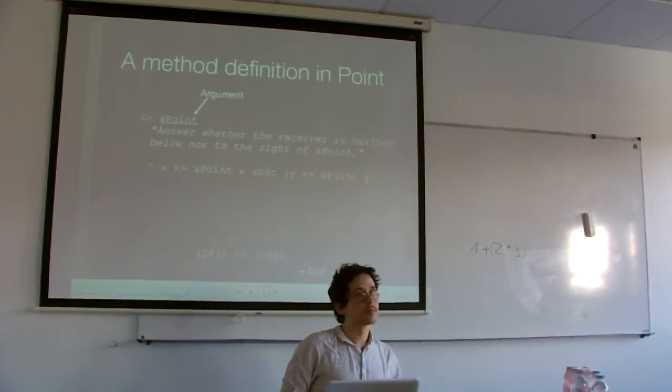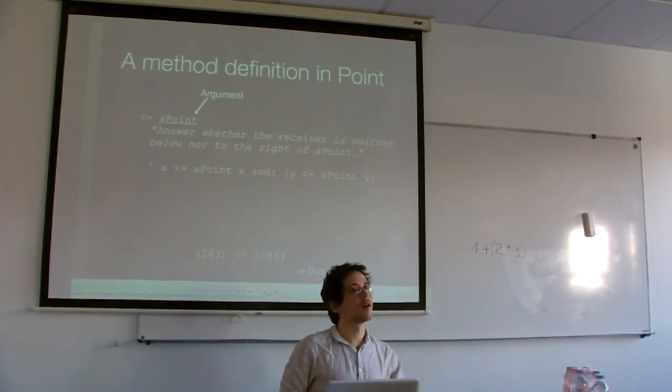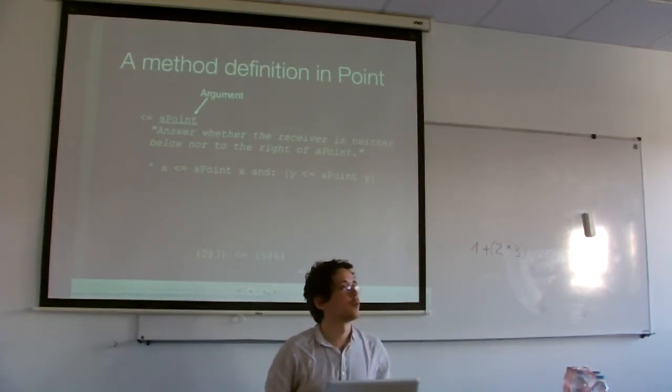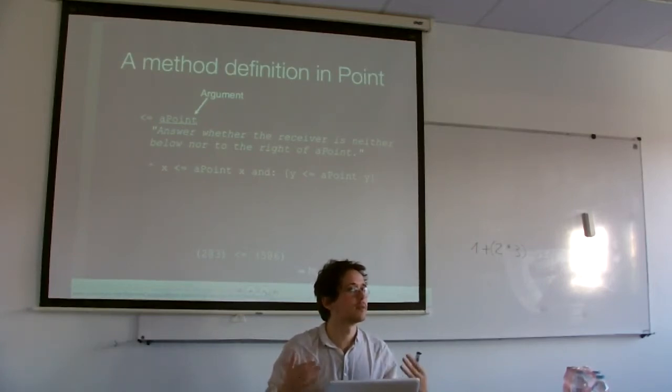And why not? Because it would imply making a special rule in the grammar, saying that this selector has higher precedence than these ones, and that would complexify the language in the end. The Smalltalk philosophy is to keep a really simple core language. For speed?